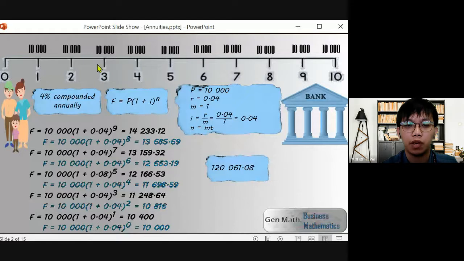Okay, so from this problem, what definition can you derive for annuity? What words or statements can we use to define annuity from this scenario? Dear students, how do we describe annuity if this is the example? Do you have any idea?